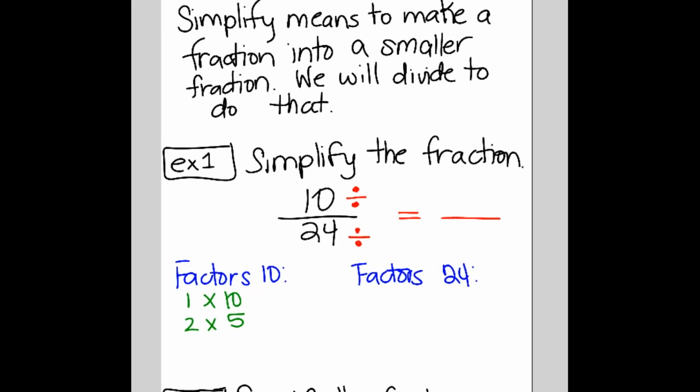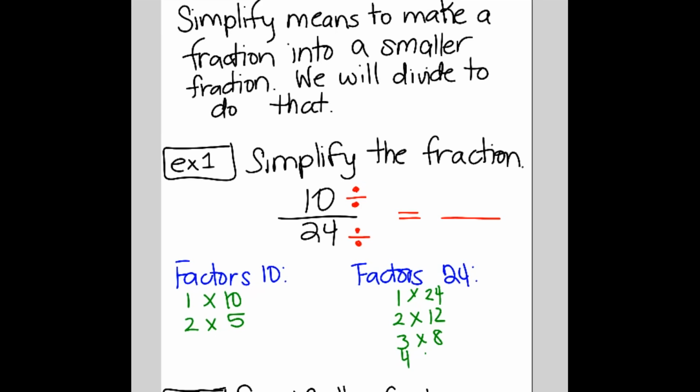Let's do the factors for 24. I usually start with the 1. So 1 times what gives me 24? 1 times 24 gives me 24. Then, since 24 is an even number, I know 2 times something will give me 24. And if we know our 2's facts, we know 2 times 12 gives us 24. What about 3? 3 times what gives us 24? 3 times 8 gives us 24.